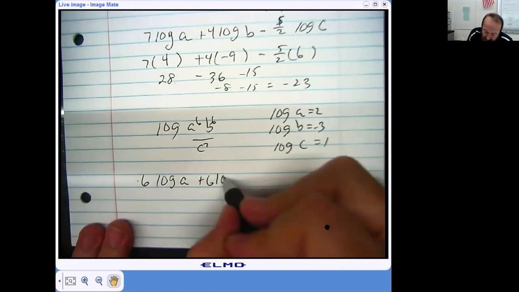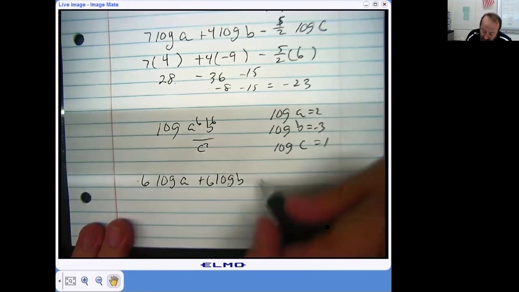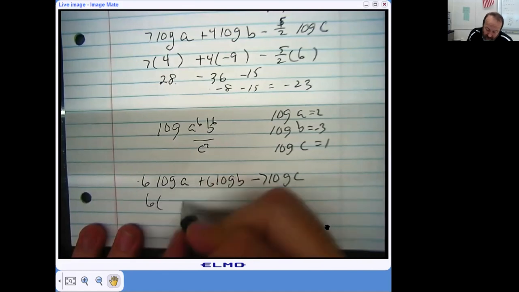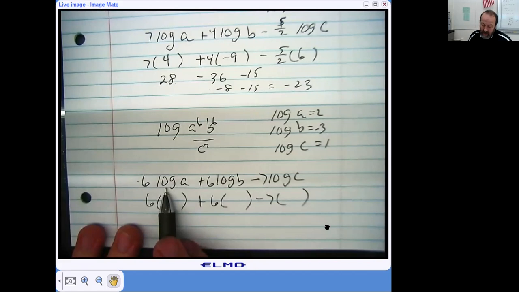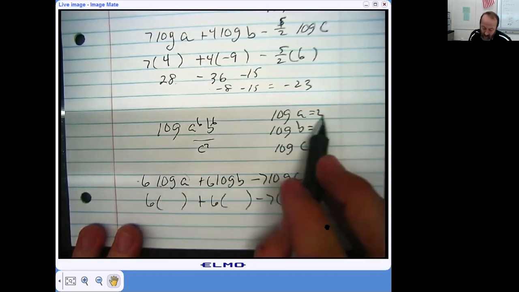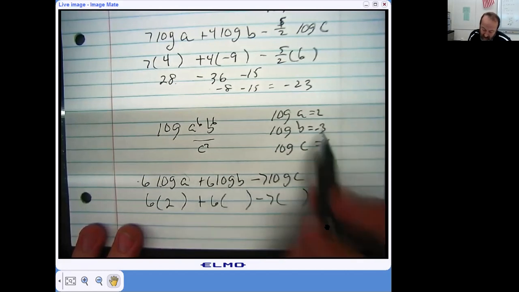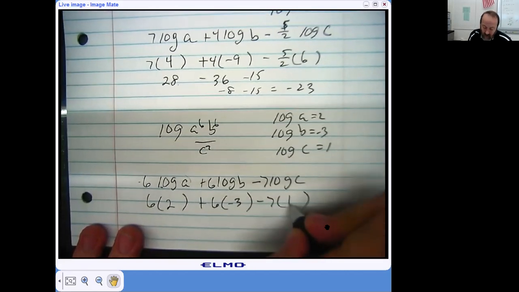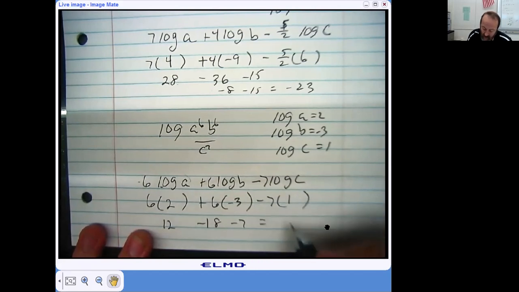Plus I've got 6 logs of b, and because there is a division, we could subtract 7 of those, which is log c. But again, just like the previous problem, they have handed me really nice things. That just this whole thing called log of a was, in fact, the number 2. This whole thing right here, which was log of b, was -3. And the log of c, this entire entity, was 1. So I have 12, take away 18, take away 7, which I believe is a total of -13.